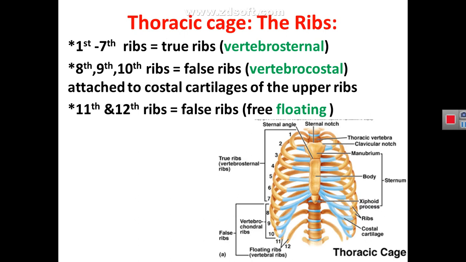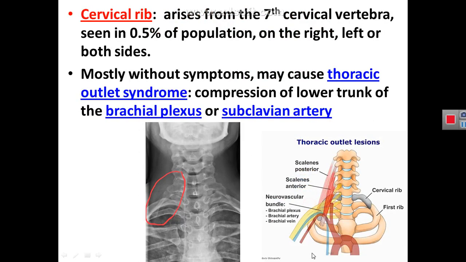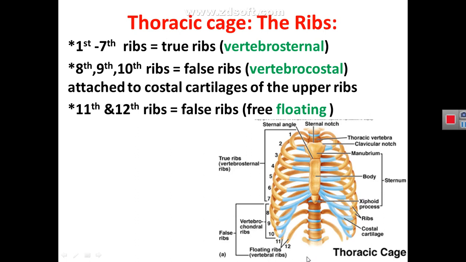The other ribs, apart from the first to number 7, could be described as false ribs. Considering that the first to 7 are the true ribs, the next 8 to 12 may be described as false ribs.